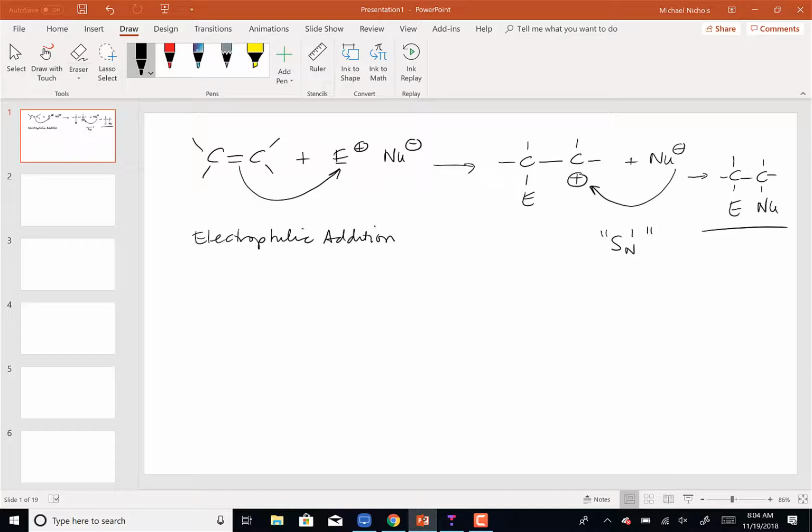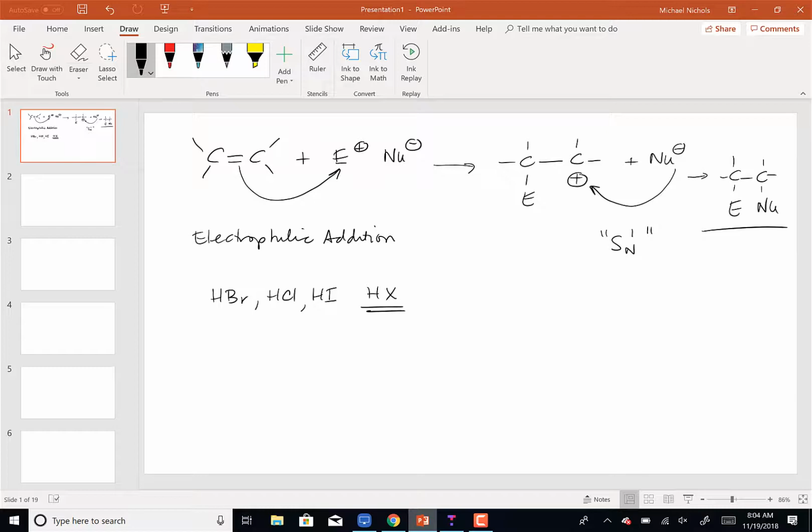Now, if we want to get into specifics, the first one we could get into would be to say, okay, let's use HBr, HCl, HI, so generically, let's react the alkene with HX.